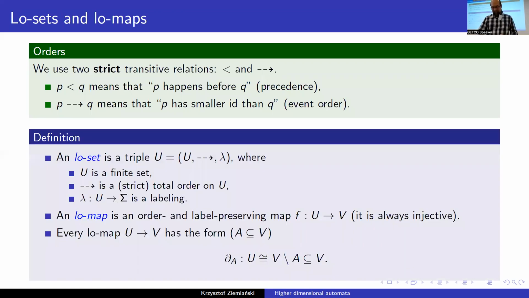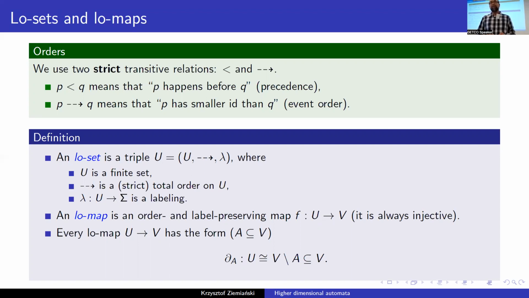So the first thing is an LO set. I'm looking for a better name. It just means labeled and ordered set. You have a set with labeling, and it's also always totally ordered. Maps preserve ordering and preserve labels.